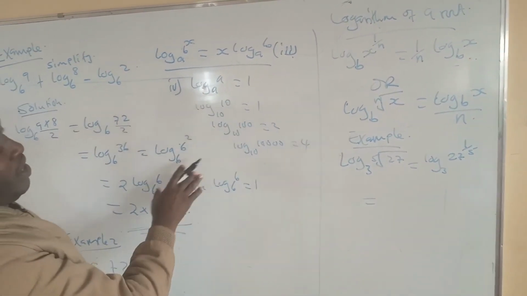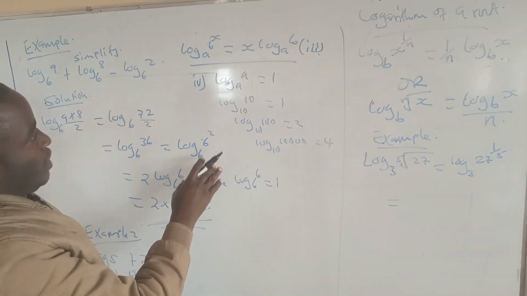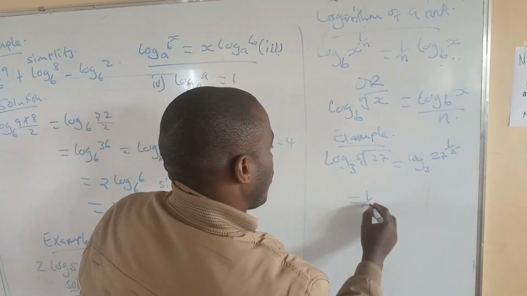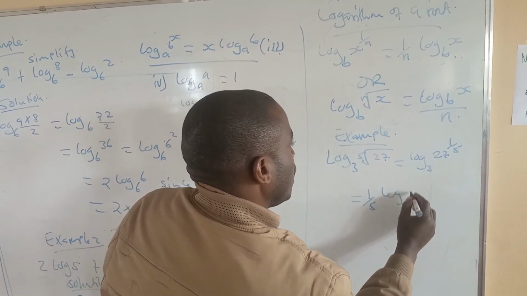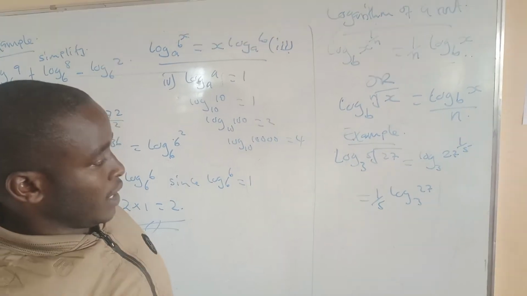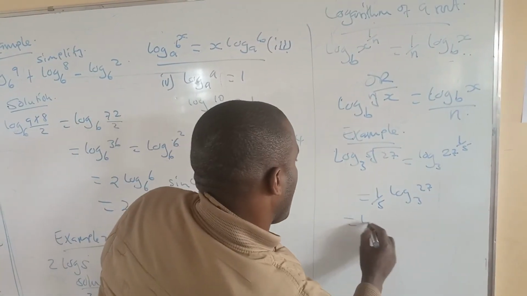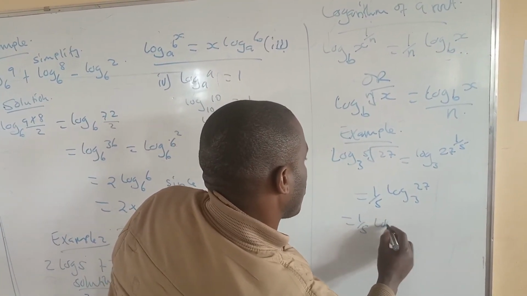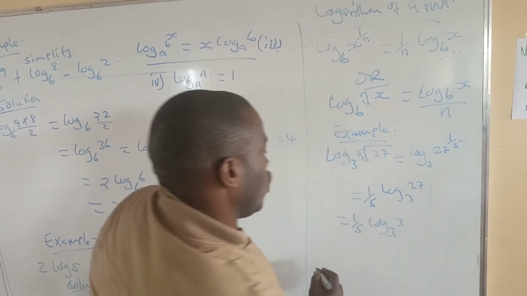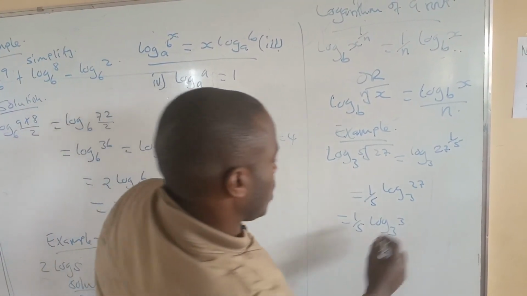So you must be coordinating all the laws of logarithm. If we apply it here again, we shall have 1 over 5 times log base 3 of 27. 27, we can write in place of 3 as 3 cubed. So it will be equal to 1 over 5 log base 3 of 3 cubed. That is 3 times 3 is 9, 9 times 3 is 27, 3 cubed.